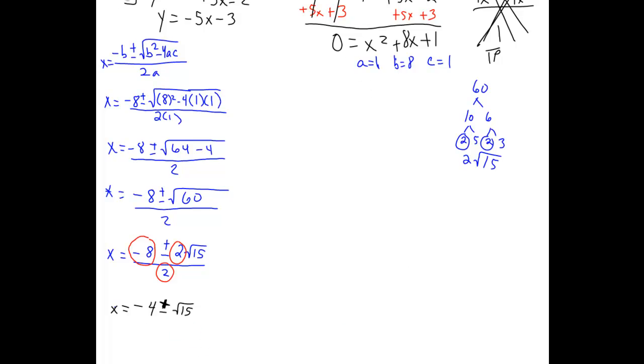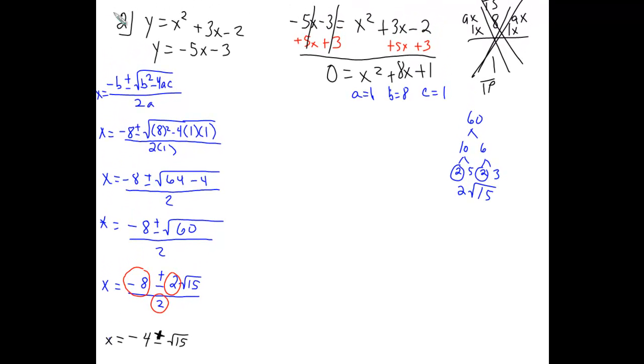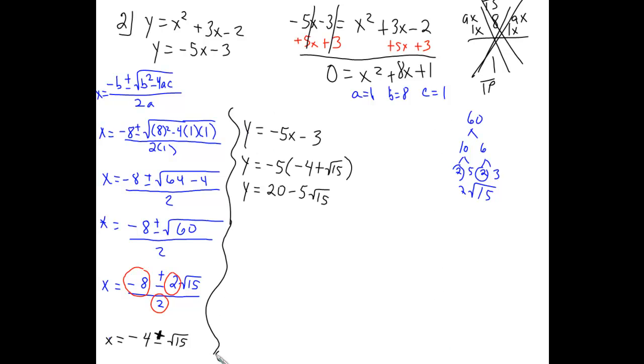Okay, now that I have that, we need to plug it into one of the equations and find out what y is equal to. The easiest one to solve will obviously be the linear. Don't forget the minus 3 out here. And 20 minus 3 is 17 minus 5 times the square root of 15. In the second equation, we have y equals negative 5x minus 3.